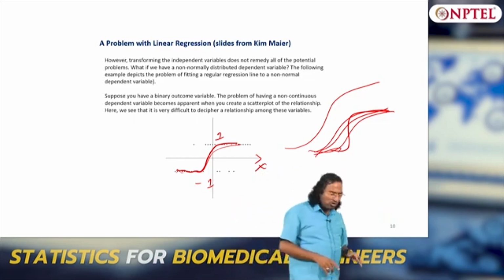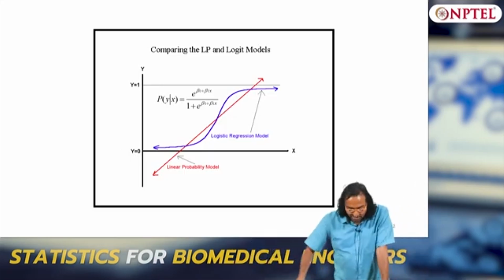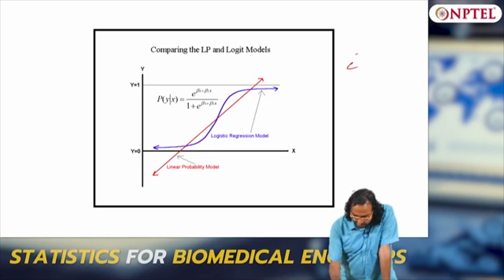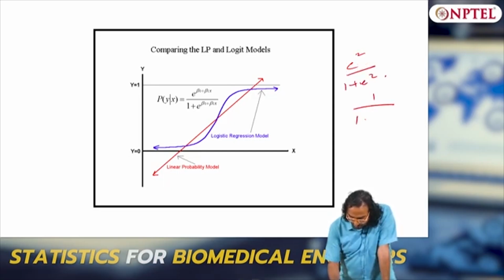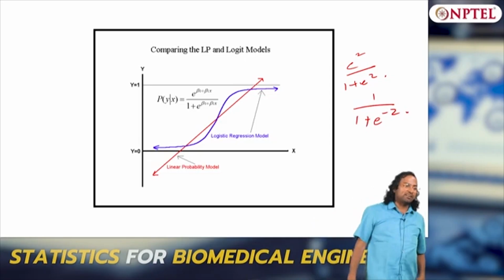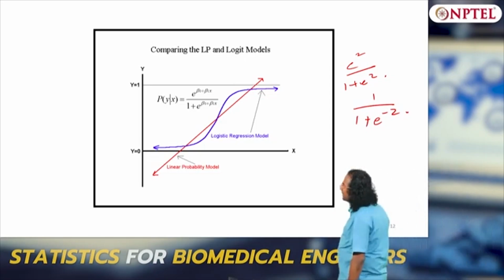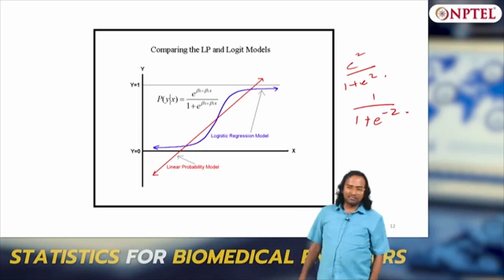We will see this. So this is an S-shaped curve, and this S-shaped curve is typically written as e to the power z by 1 plus e power z, or 1 by 1 plus e power minus z, both are the same. These are two ways I will represent it.